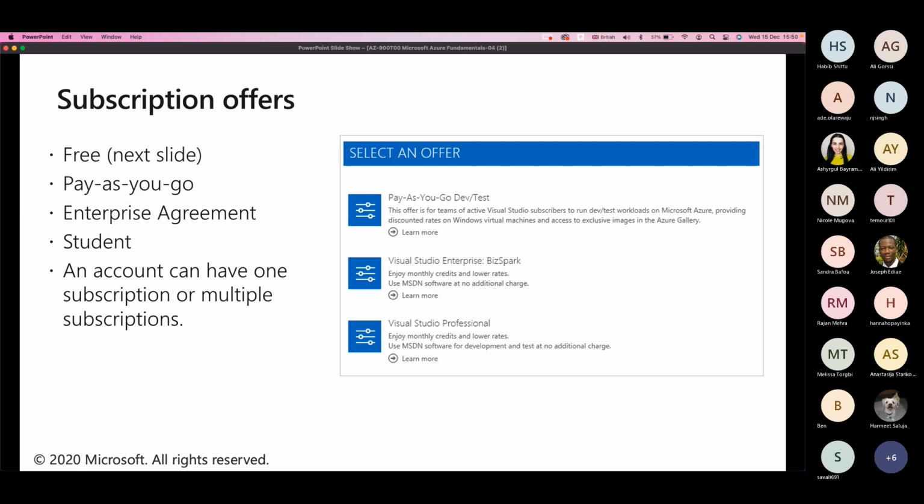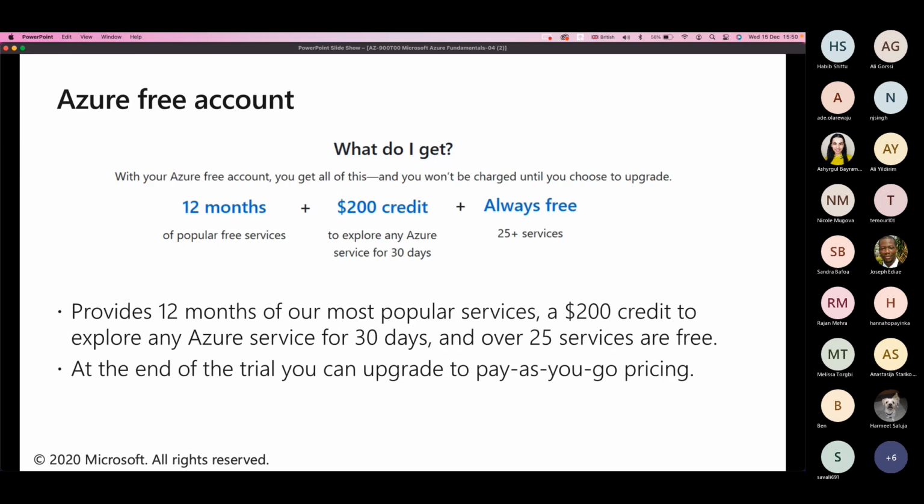So in terms of Azure free account, with your free account, you can get 12 months of popular free services, $200 in credit to explore any Azure services for 30 days, and 25 plus services which are always free.